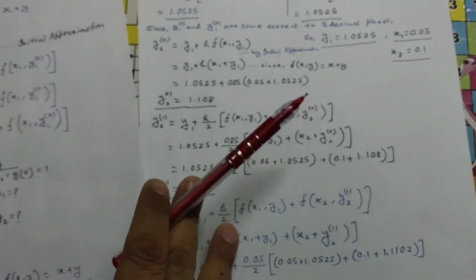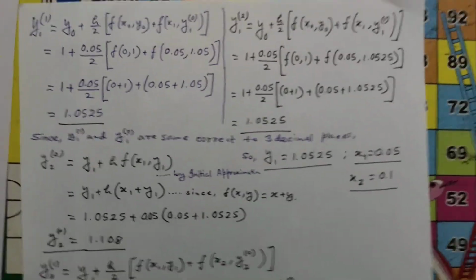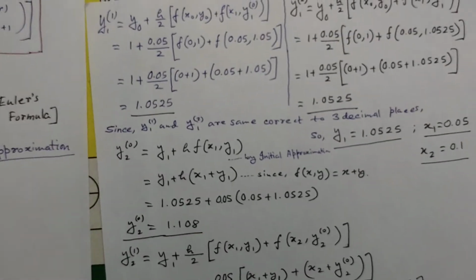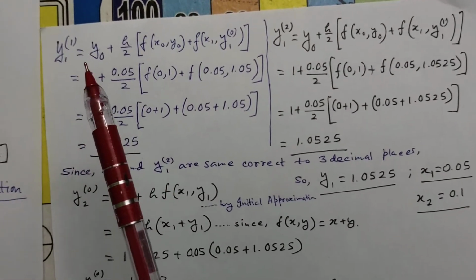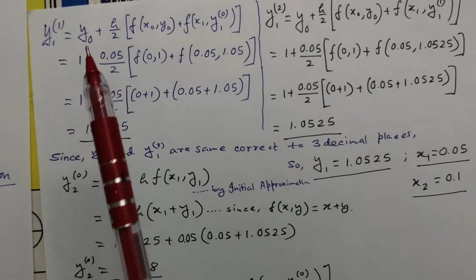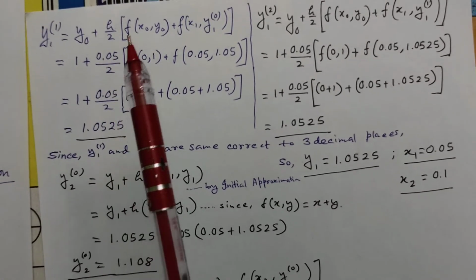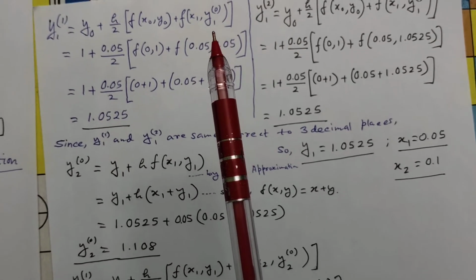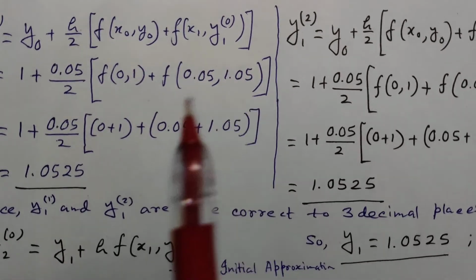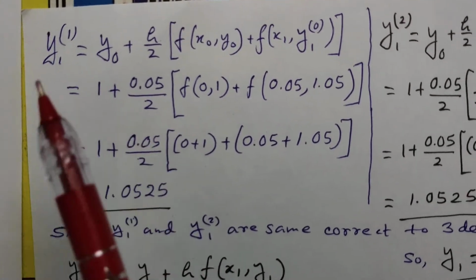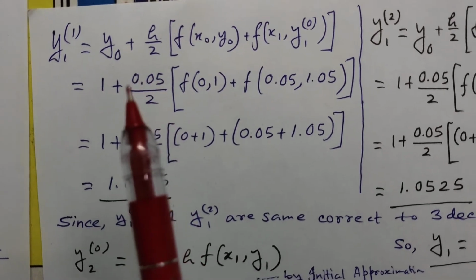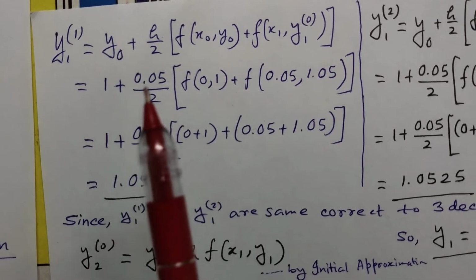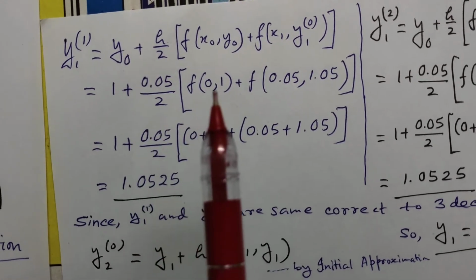Now, applying the modified Euler's method, the first approximation y11 will be y0 plus h by 2 times f(x0, y0) plus f(x1, y10), right? Now we put in the values of y0, y10, x0, x1 and h.